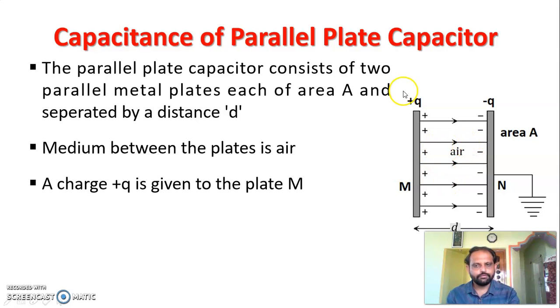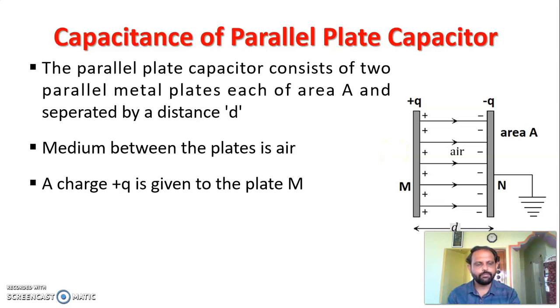Now a charge plus Q is given to the plate M. So this is M, and to this plate we give the plus Q charge. Therefore the plus Q charge will be distributed on the inner surface of the conductor, and there will be an induction of charges.